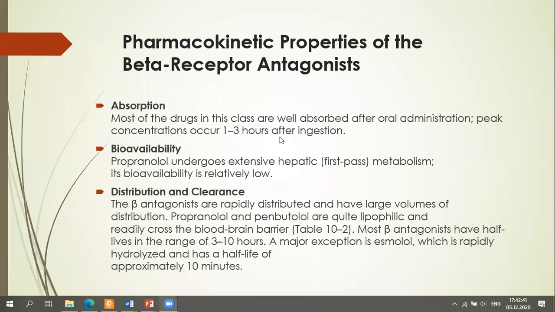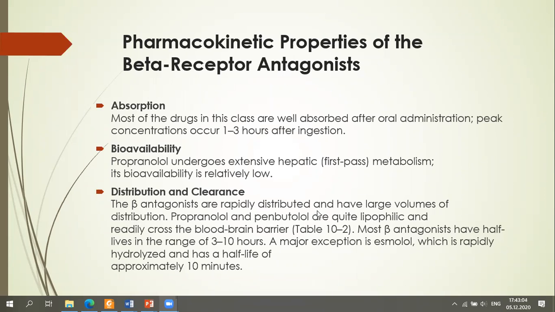Peak concentrations occur from 1 to 3 hours after ingestion. Propranolol undergoes extensive hepatic metabolism, so its bioavailability is relatively low. Now, the distribution and clearance.